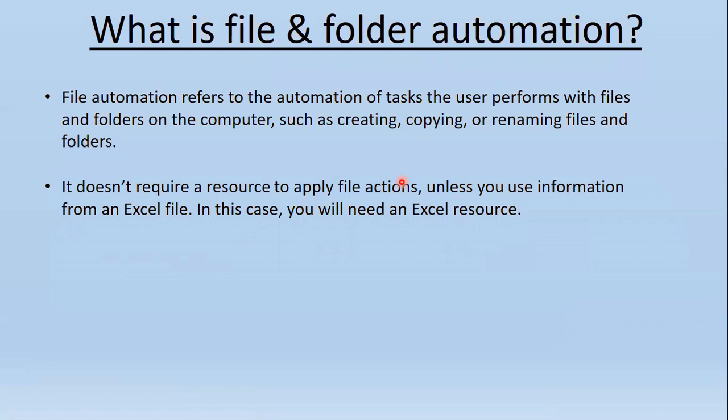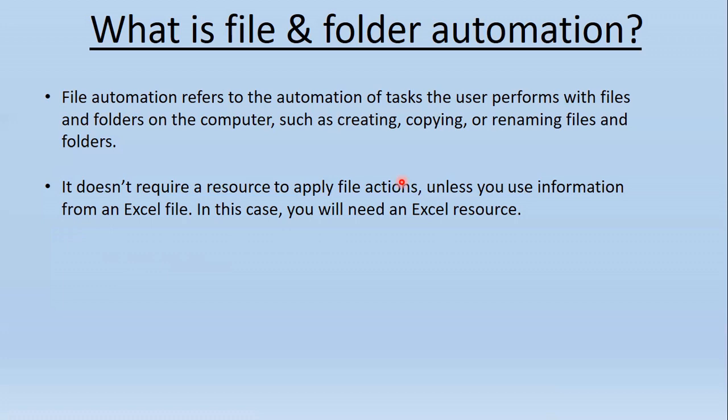An important thing to note here is that, as we've seen previously, when we have to use Excel, a Word document, or even a PowerPoint, we actually use a resource, and then inside that container, we perform all the tasks associated with it. Whereas file and folder automation doesn't require a resource for us to utilize the file and folder activities, unless we are using an Excel file or Word file along with it.